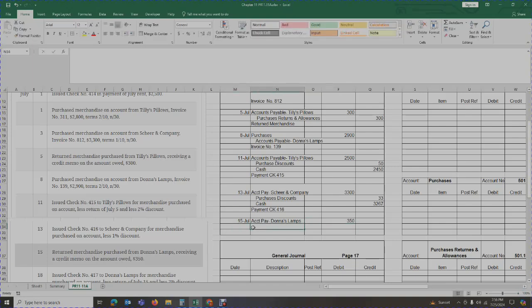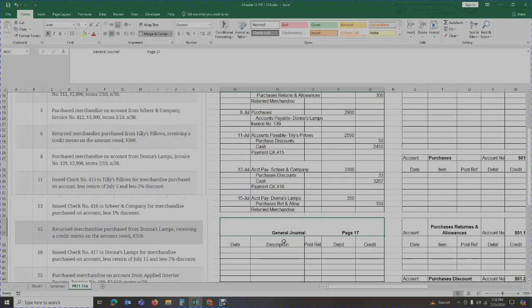Then I'm going to credit my purchases, returns, and allowances for $350. Here we returned merchandise.